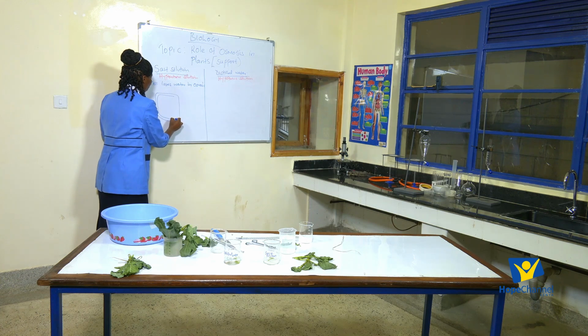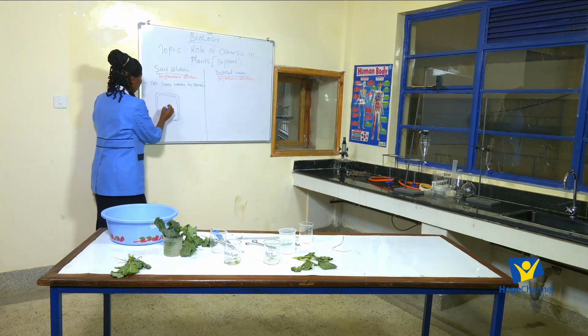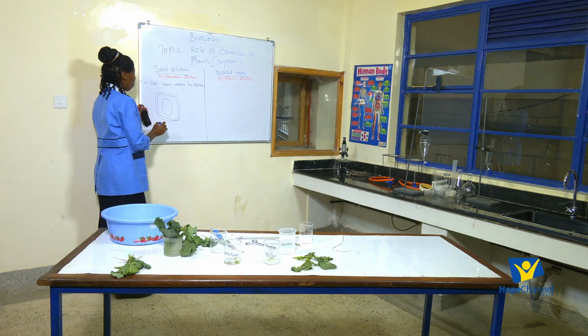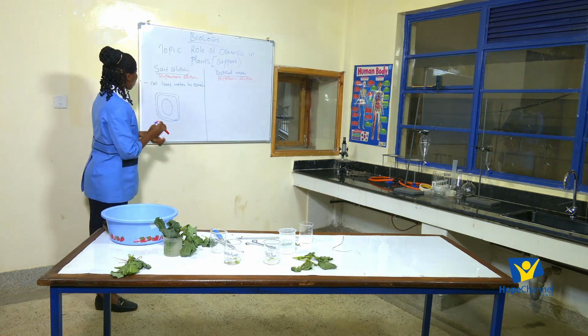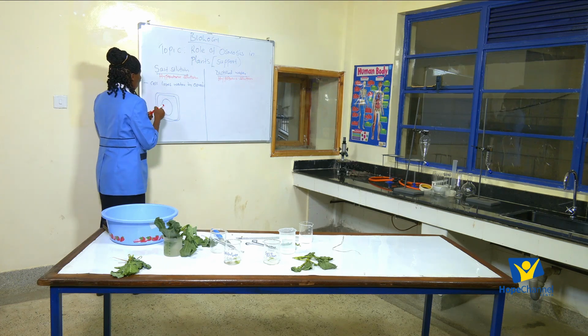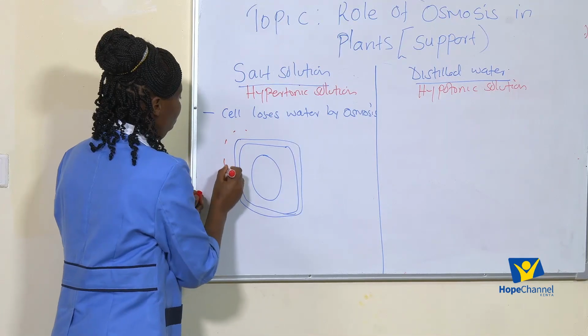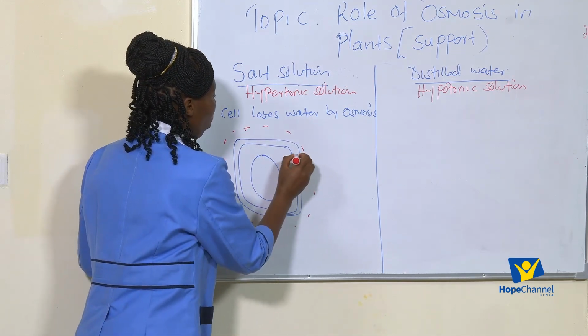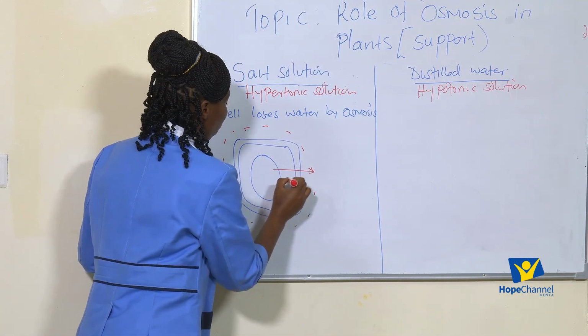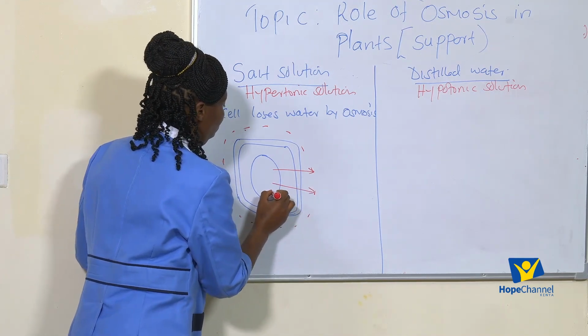So this is the cell. And then we have the sap vacuole. In this case, we expect this cell to do what? To lose water. Why is it losing water? Because the surrounding is hypertonic. So the cell will lose water by osmosis.